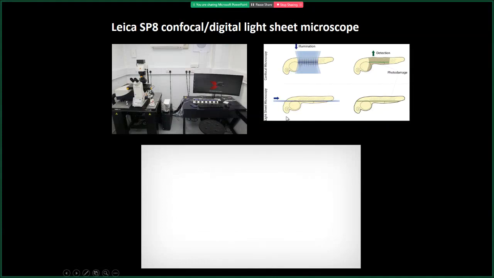On the bottom, this is an alternative way of illuminating an optical section within a specimen, and that is to make a sheet of light and pass that horizontally through the specimen. And then we'll only get photo damage, if any, through that very, very small section of the cell.